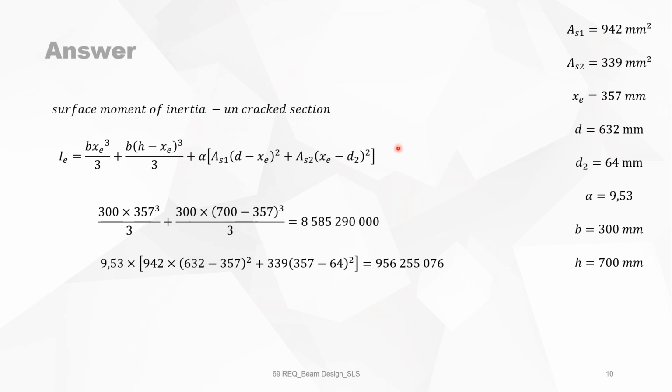Then we add the second part of the equation where all elements are given, like alpha is 9.53, AS1 942, D is 632, XE is 357, and so on. So the IE value is then equal to 9,542 times 10 to the 6th millimeter to the power 4.